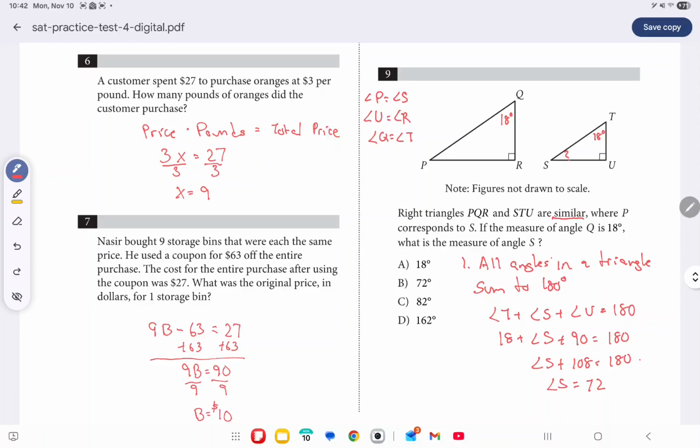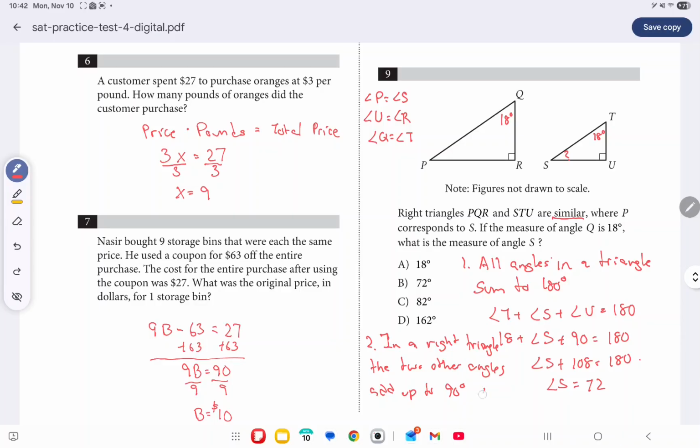Okay. The second rule, if you don't remember that rule, you might remember this rule, which is in a right triangle, the two other angles add up to 90 degrees.